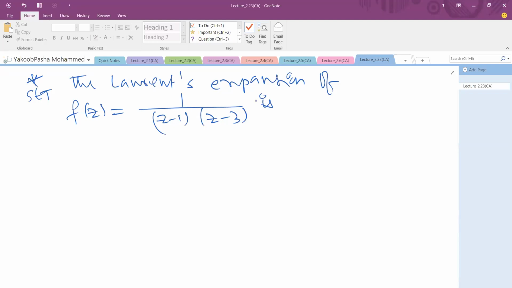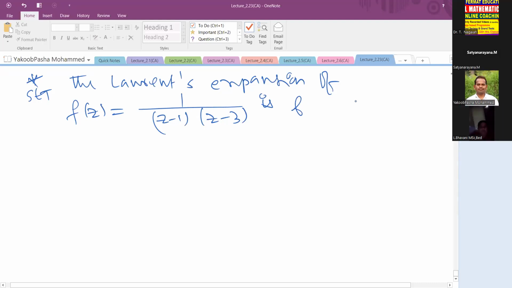Lorentz series expansion for the condition is given for 1 less than modulus of z less than 3. So first we have to see the condition.